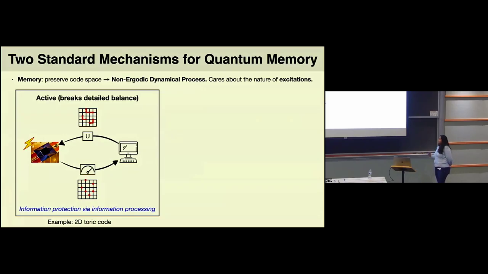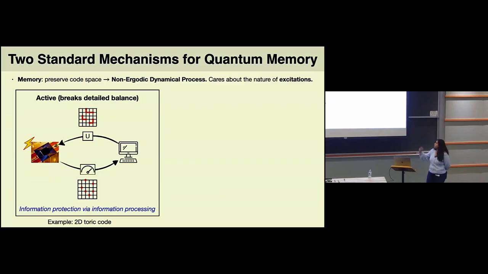There are two broad classes of memory that people usually talk about. The first can be thought of as active memory or active error correction, where by active I'll mean a dynamical process that breaks detail balance.